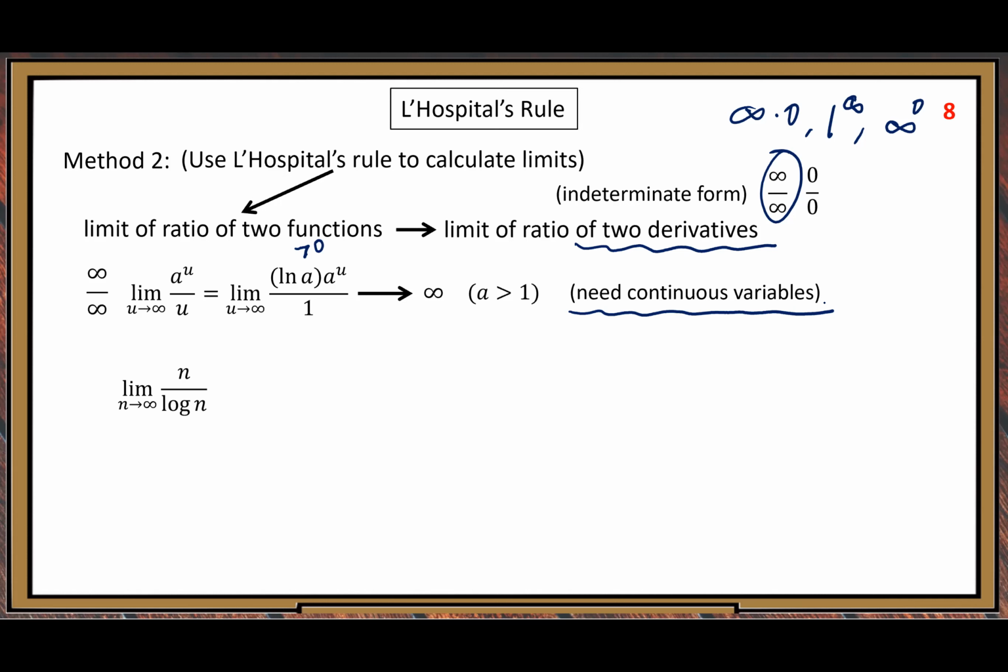So it's a discrete variable. For a function using a discrete variable, you cannot take the derivative. It's illegal. Okay?